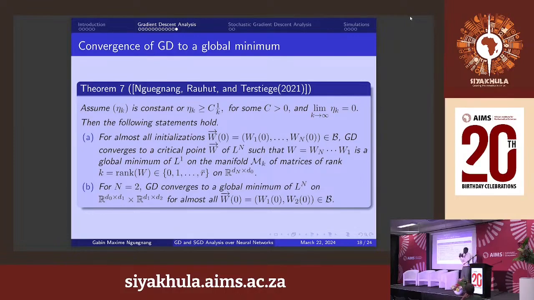We also provide a more flexible initialization method. The result works for almost all initializations, whereas there are many results with a very specific initialization, like zero initialization. And we have a more flexible condition on the way we initialize.